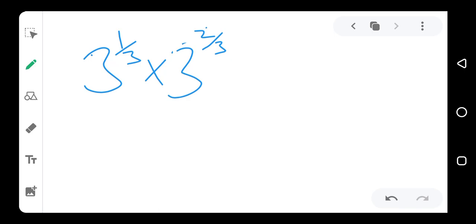This is going to be, since we have the same base, we take one of the bases, which is 3. Now 3 raised to power, now we add the powers together.